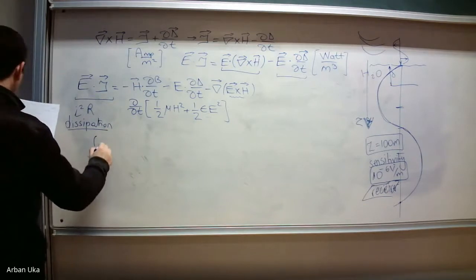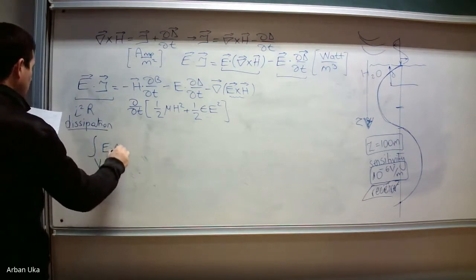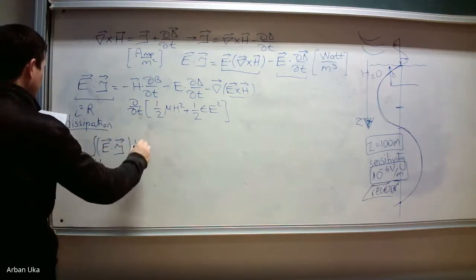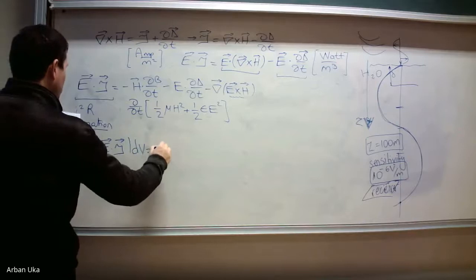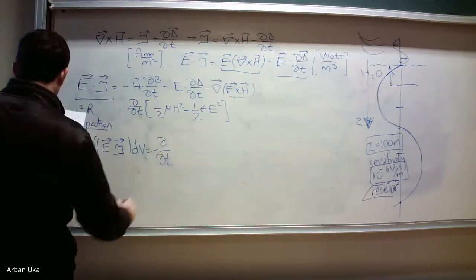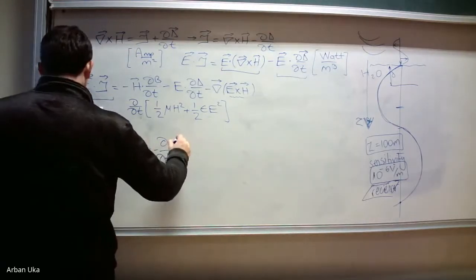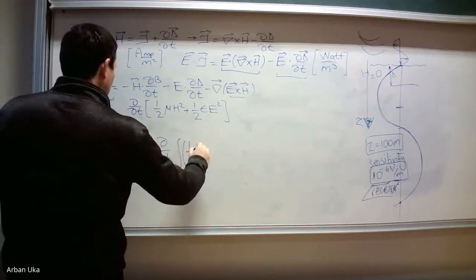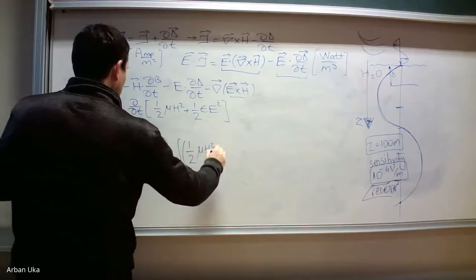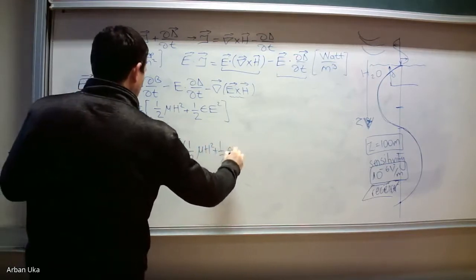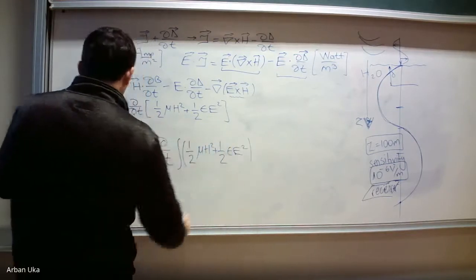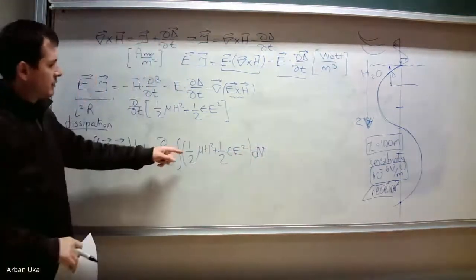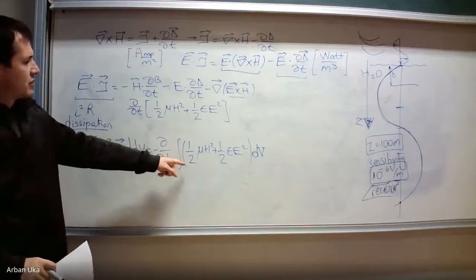So finally, we can say that if we integrate this over a volume, E dot J dV, this is equal to minus d over dt of an integral over dV, and most probably it should be like this because this was the unit of these terms.